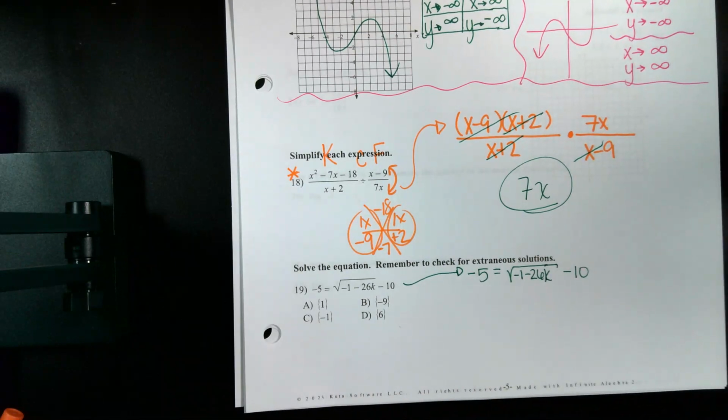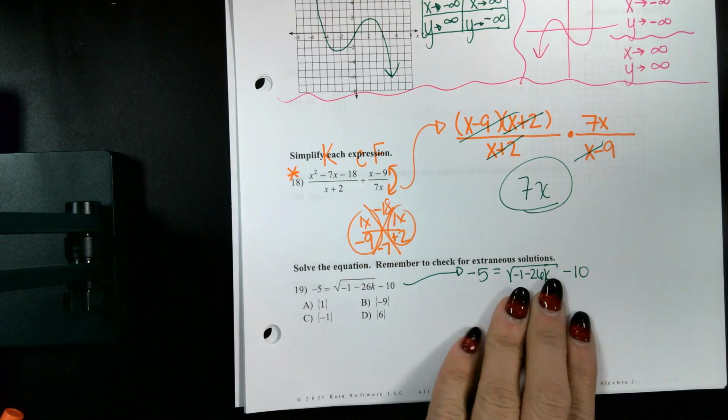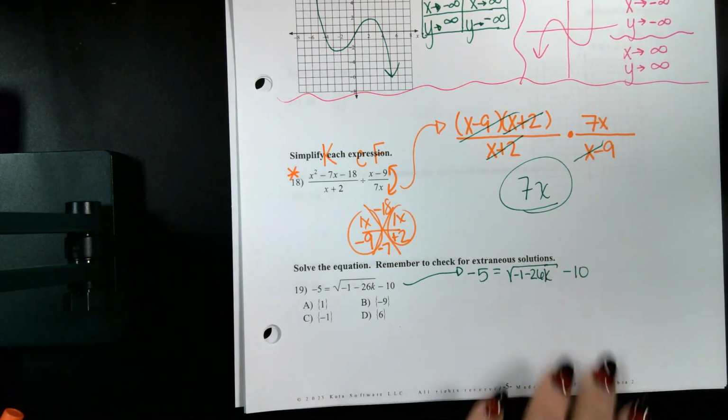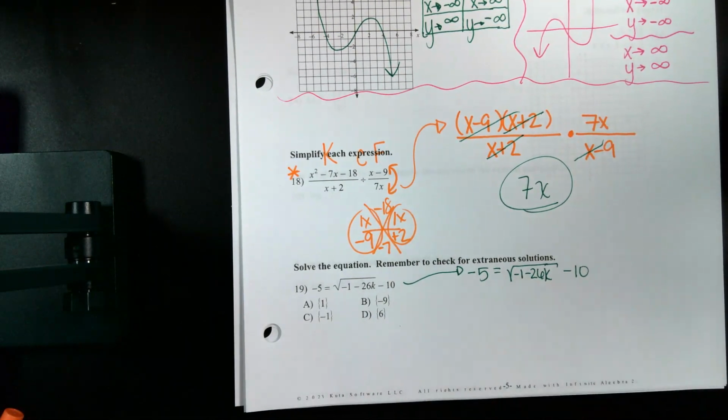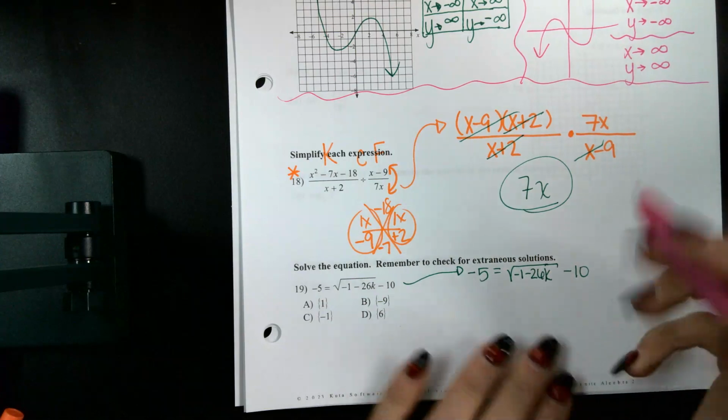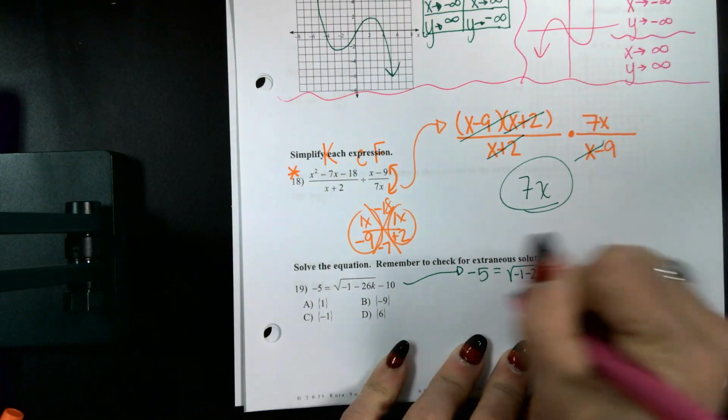Now, anytime you have a square root, like a problem that involves a radical, the radical has to be isolated. Brittany, this is what you were thinking of before. This needs to be isolated before we can square it. So we're going to move the minus 10 by adding 10.